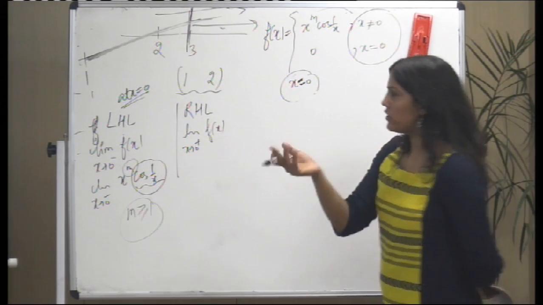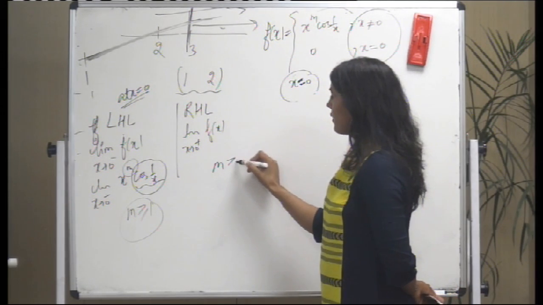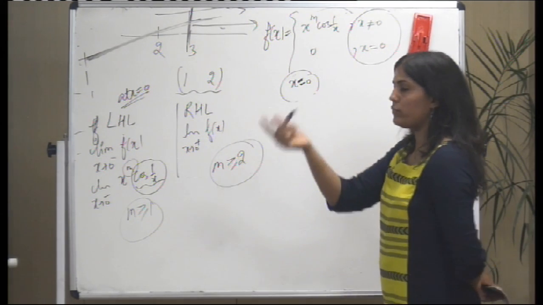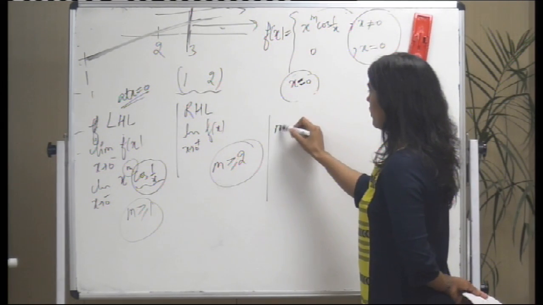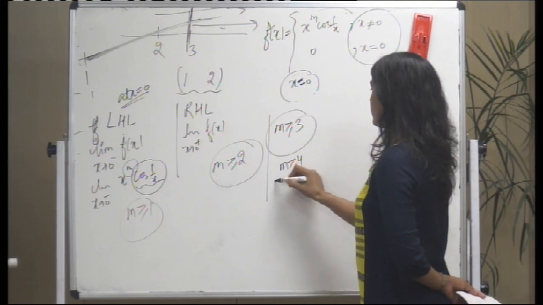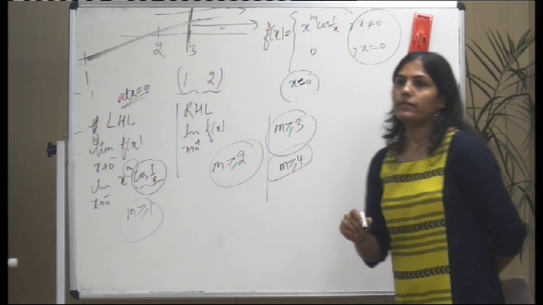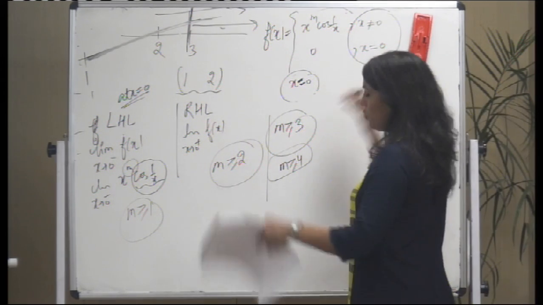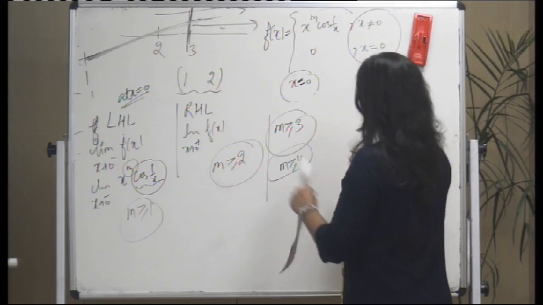For differentiability you will get this, for continuity of the derivative you will get this, and for differentiability again you will get this. Is it fine? Okay, you can note it down and come to the next question.